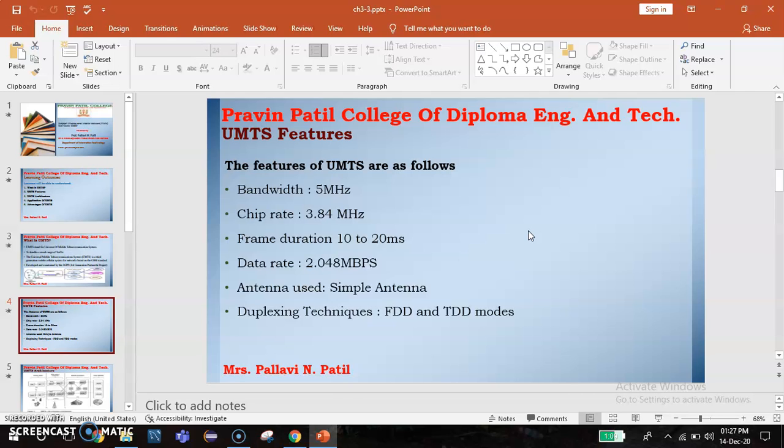The power control frequency used is 1.5 MHz. It is backward compatible with GSM. The frame structure uses 16 slots per frame. The service type is multi-rate and multi-service.